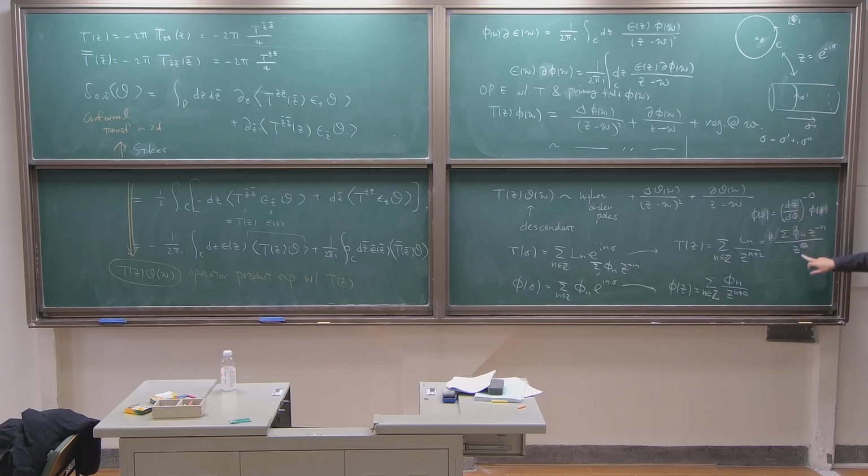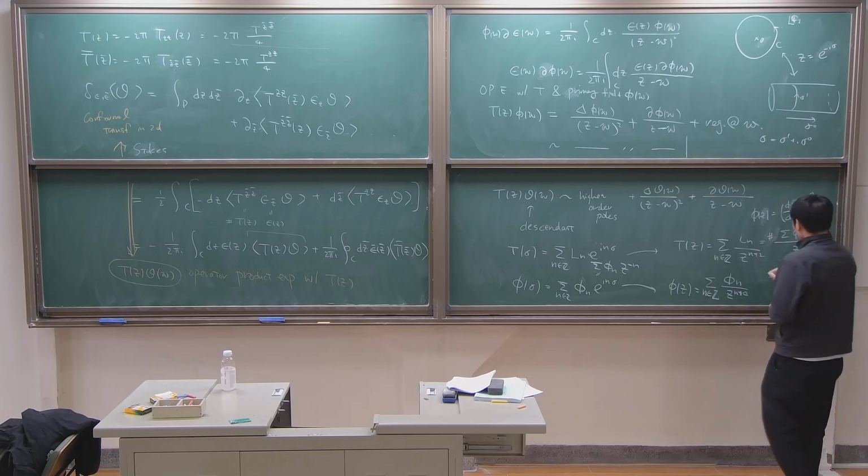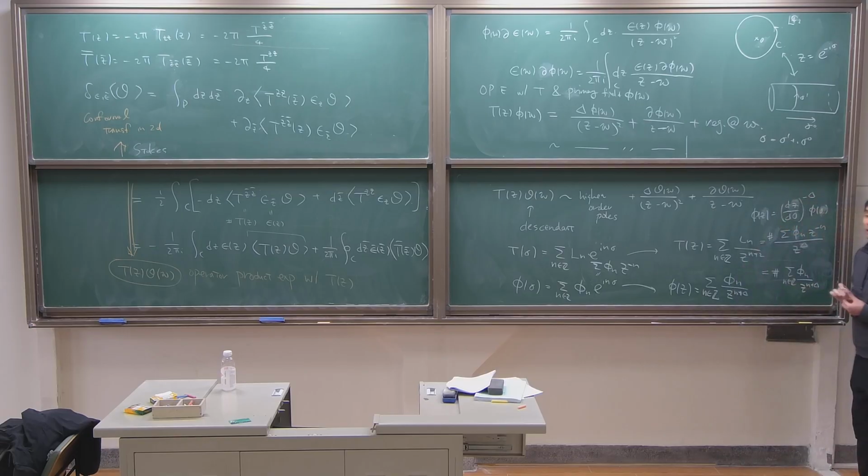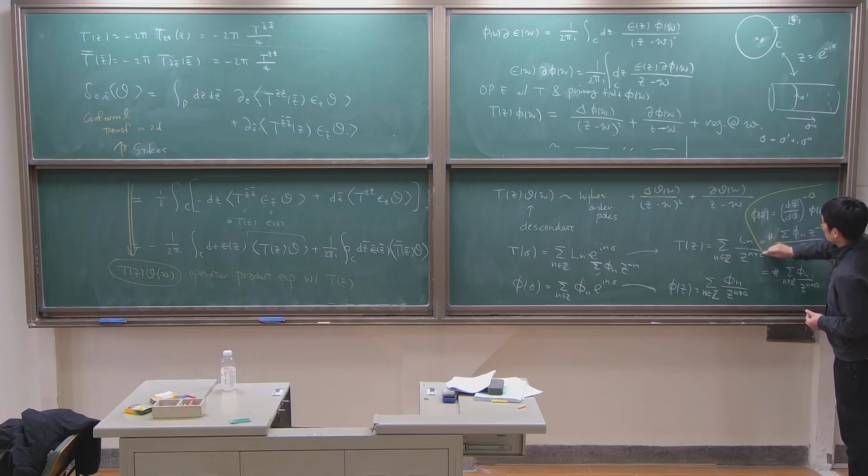So you get dz over d sigma and you get the z factors. Yeah, you get this one. Therefore, the mode expansion is something like a sum over phi_n z^{-n-delta}, or n plus delta. So this is the usual rule for doing the mode expansion from now on, as we will see.